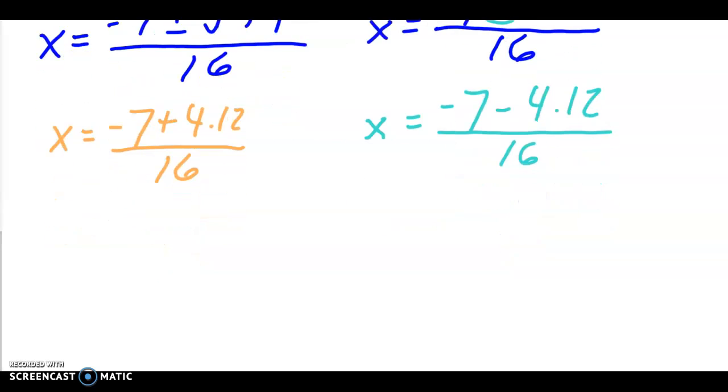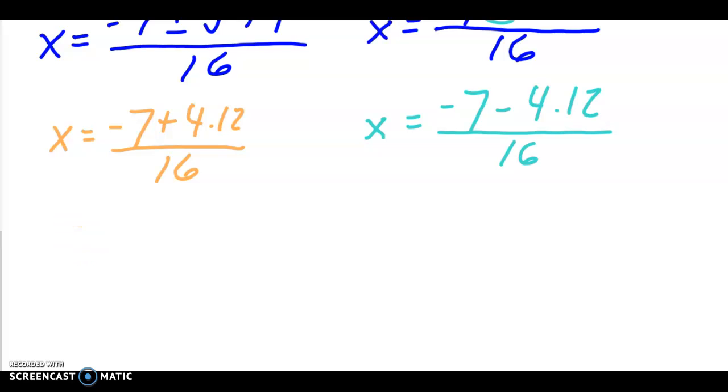Using a calculator, I've got negative 7, if I can find the plus minus button on this calculator. Okay, here we go. Negative 7 plus 4.12 is going to give me negative 2.88, and then I divide that by 16.